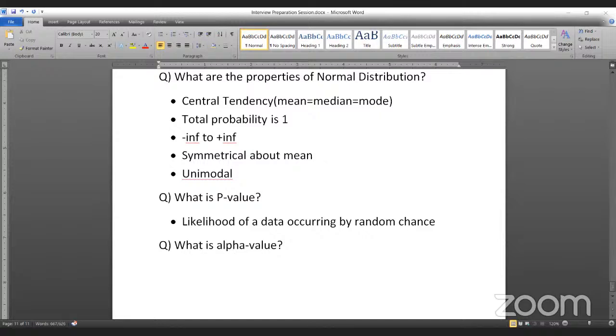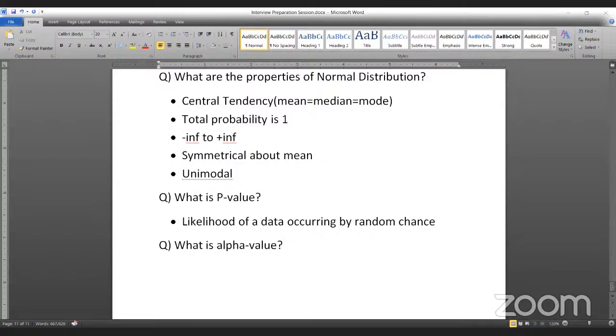Okay, so this alpha value is also known as the significance level. It is the probability of rejecting the null hypothesis whenever the null hypothesis is true.